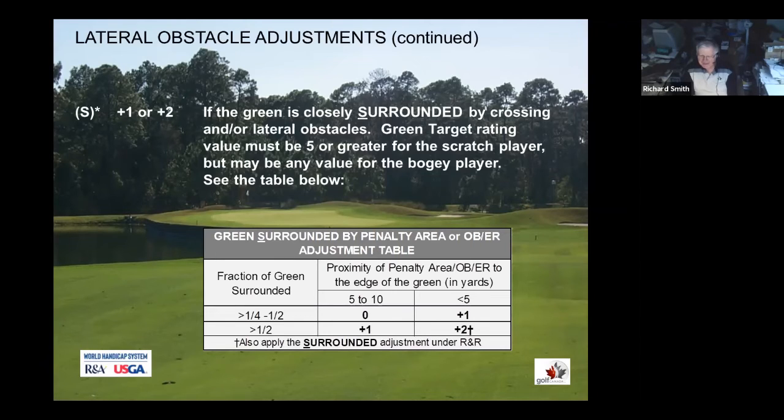So we've got greater than a quarter, up to a half, and greater than a half. We only have the two categories here. And the proximity of the penalty area, or OB or ER, to the edge of the green, 5 to 10 yards or less than 5 yards, determines what adjustment value would be applied.